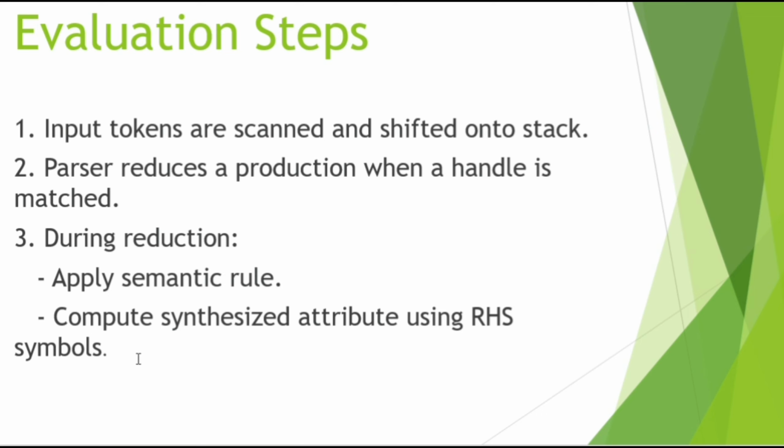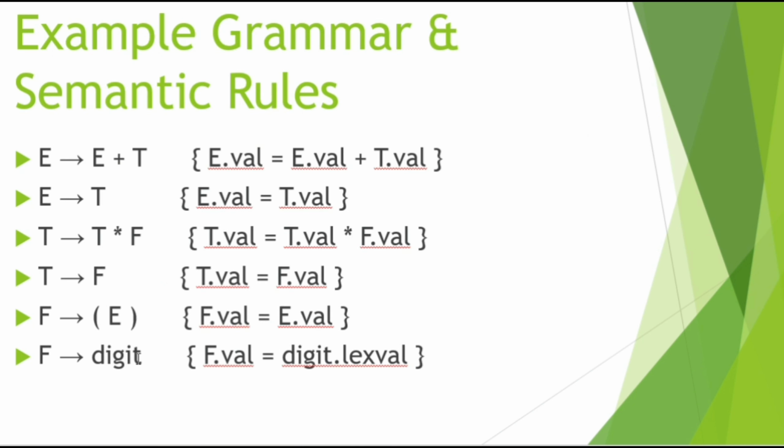It keeps checking if the top of the stack matches the right-hand side of a grammar rule. If yes, it performs a reduction, and at this moment we evaluate the semantic rule attached to that production. Then the synthesized attribute is computed and passed up to the parent node. So every time a rule is reduced, an attribute is calculated. In the next slide, we have the example grammar and semantic rules.